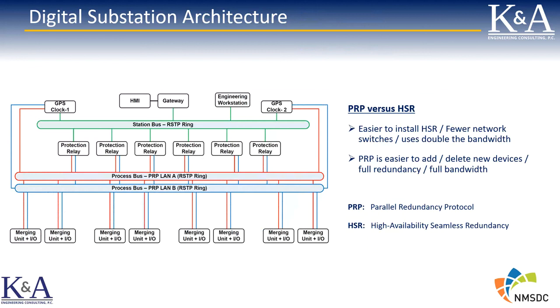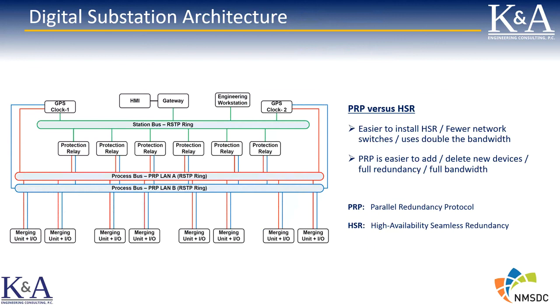The protection relays then in turn connect upstream to a station bus. The station bus is where the protection relays communicate with the data concentrator or the gateway. The gateway usually drives an HMI, and there may also be an engineering workstation, which is used for maintenance and troubleshooting and configuration changes and things of that nature.